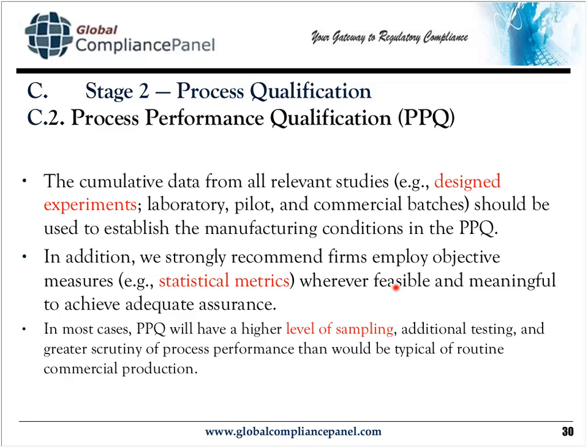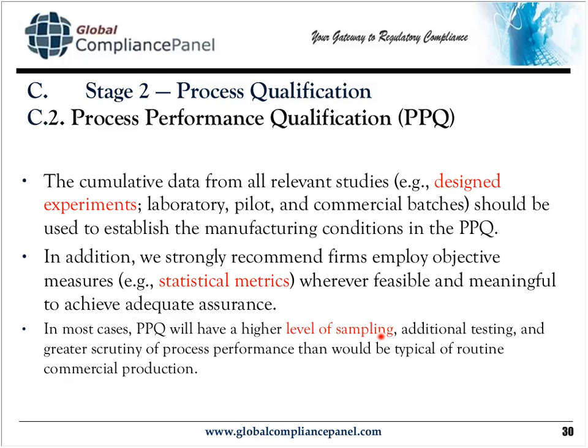Now, it says wherever feasible and meaningful, and if you can argue that they're not feasible or not meaningful, then you don't need to do it. Now, notice this. They expect the PPQ to have a higher level of sampling, additional testing, and greater scrutiny. A higher level of sampling gives you a higher level of confidence, and that's basically what they're looking at.